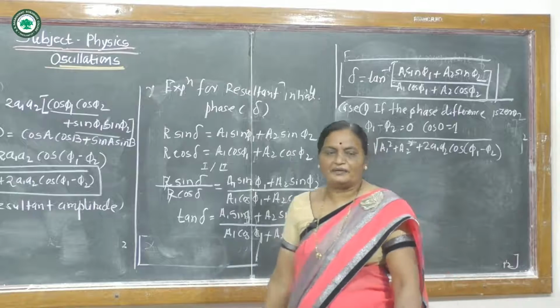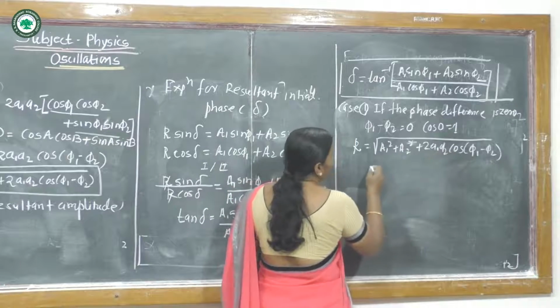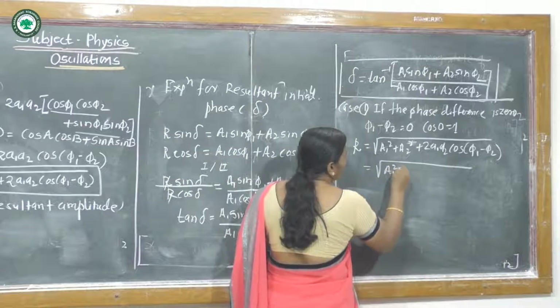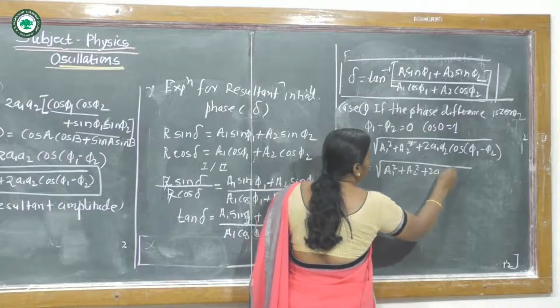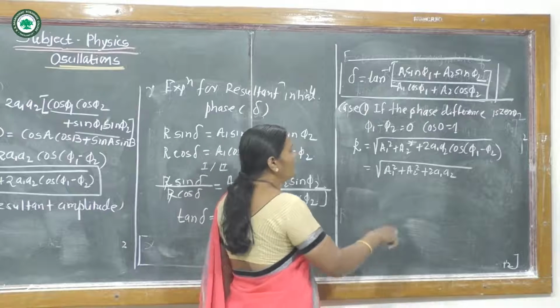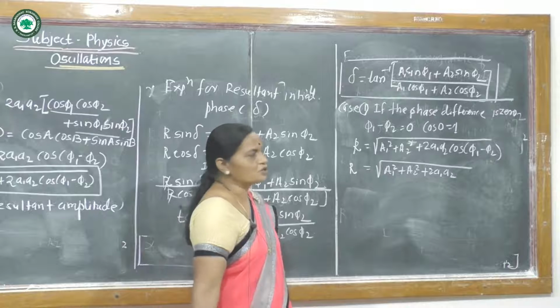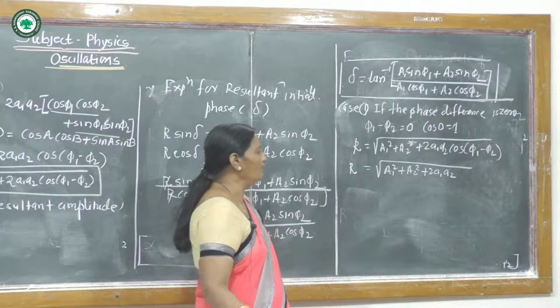Substitute phi 1 minus phi 2 is 0, cos 0 is 1, and we get A1 square plus A2 square plus 2A1 A2. Therefore R is equal to under root A1 square plus A2 square plus twice A1 A2.